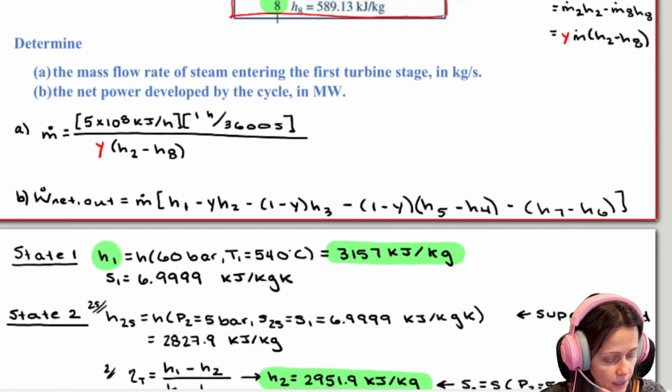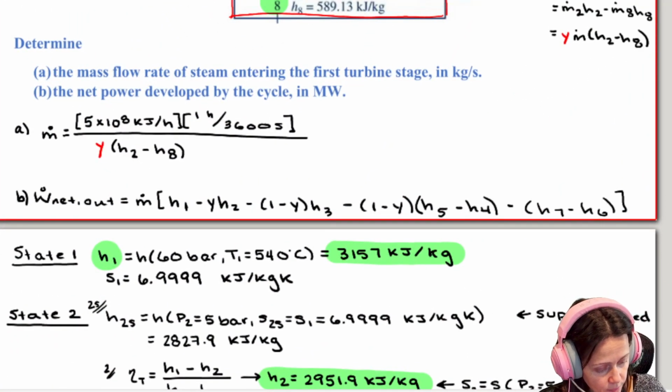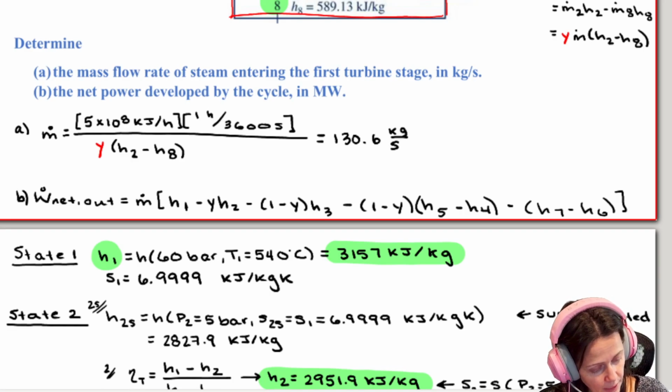So for m dot, that I end up getting 130.6 per second. And I kind of ran out of room here.